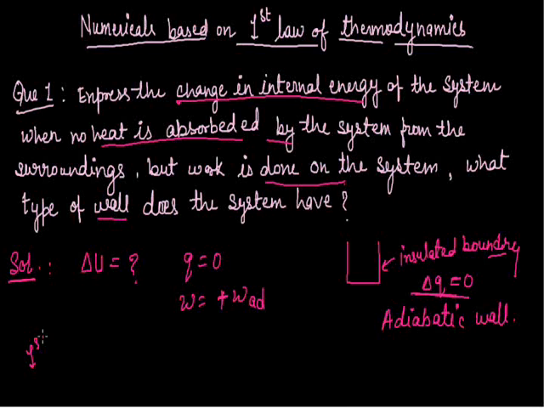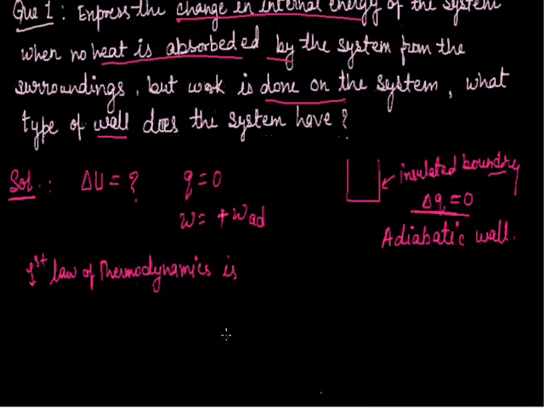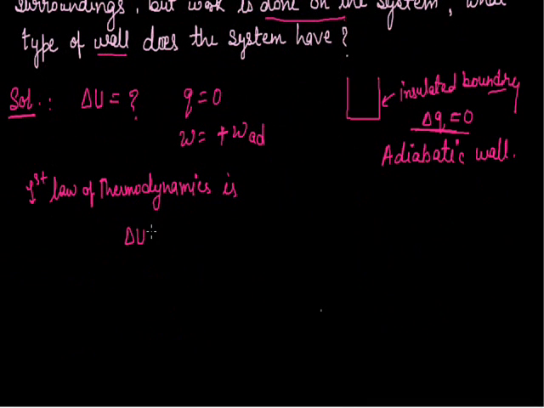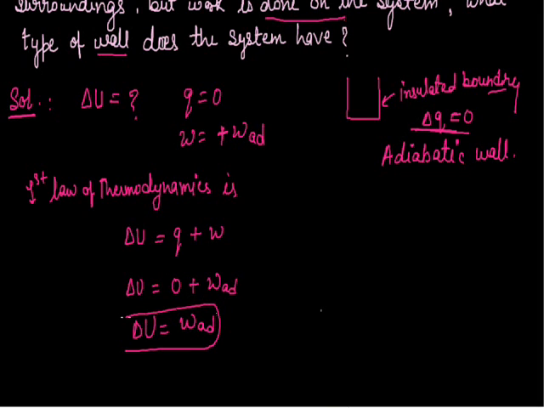So first law of thermodynamics is delta U is equal to Q plus W. Here put the value of Q and W in the equation. Delta U is equal to the value of Q is 0 and the value of W is positive W adiabatic. So change in internal energy is equal to W adiabatic.